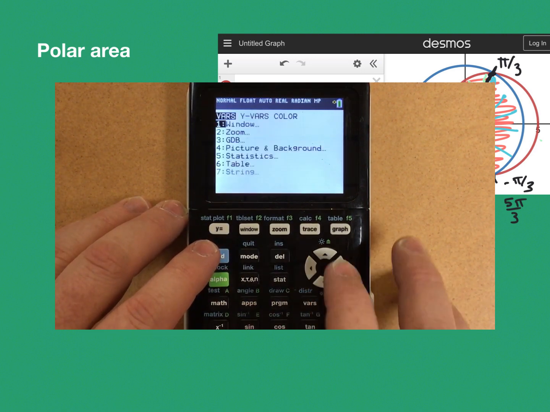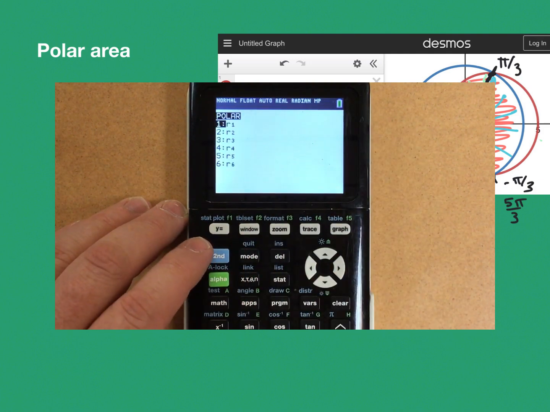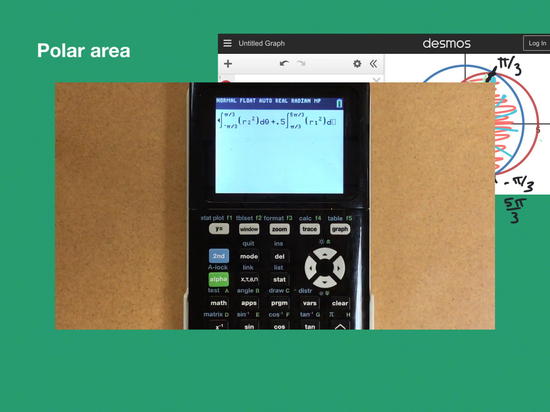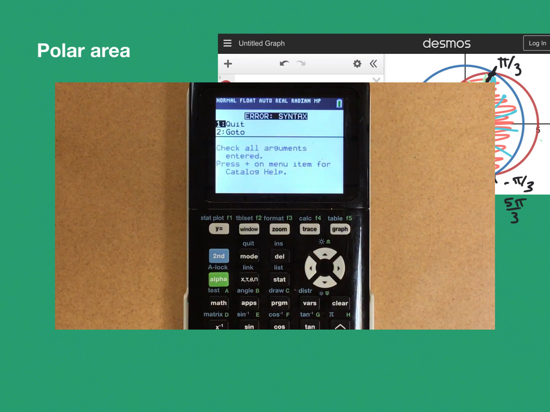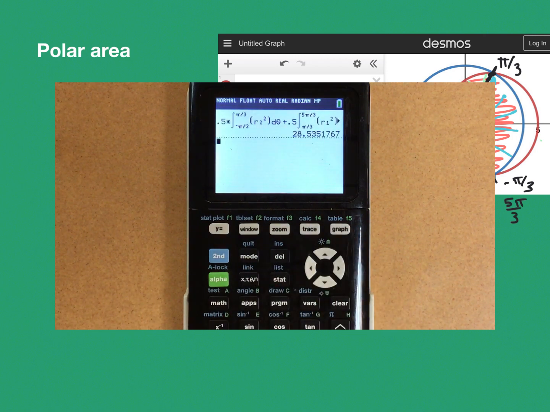And this was R1. So vars go to polar. R1 squared d theta. And that way, once you've typed it in, you don't have to do it again. Hit enter. Oh, I forgot the d theta. Hit enter. And there's the area shared by those curves.